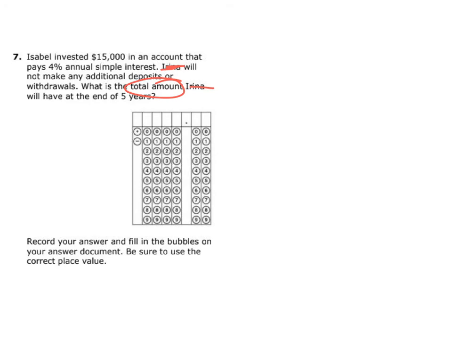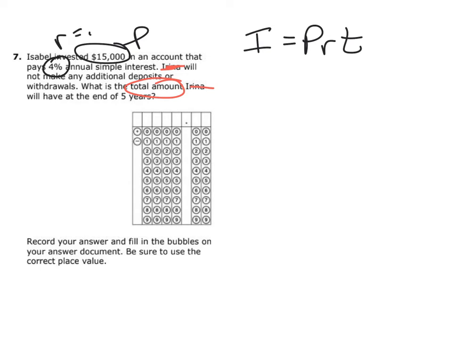Now, let's go ahead and find out what the interest is. So we have our formula, which is interest equals principal times rate times time. Okay, 15,000 is our principal. 4% is our rate, but we got to change it to a decimal.